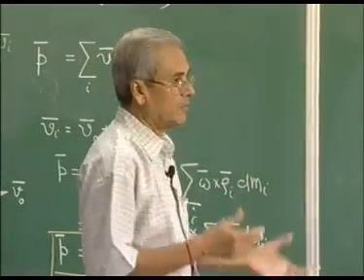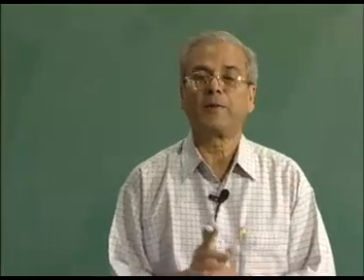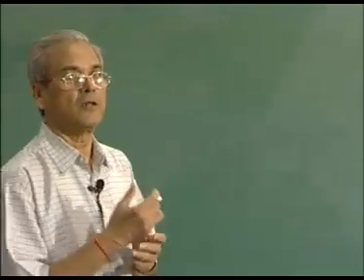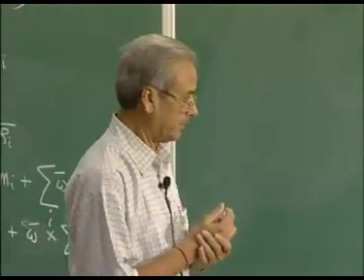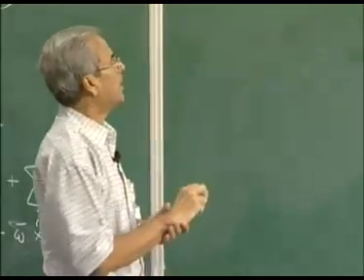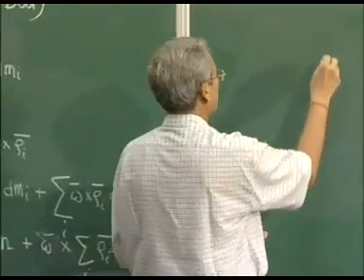Unlike linear momentum, which can be defined without any reference to a specific point, in case of angular momentum we need a reference point about which we are defining the angular momentum. So, therefore, first let us find out the angular momentum of a rigid body about a fixed point.